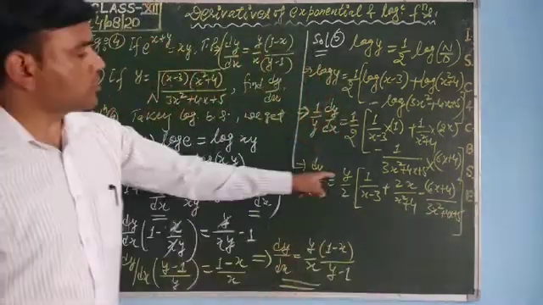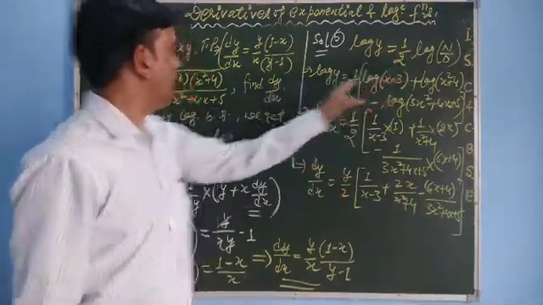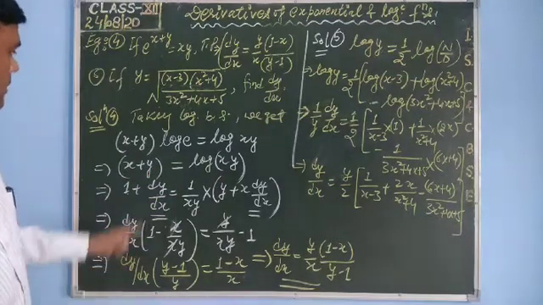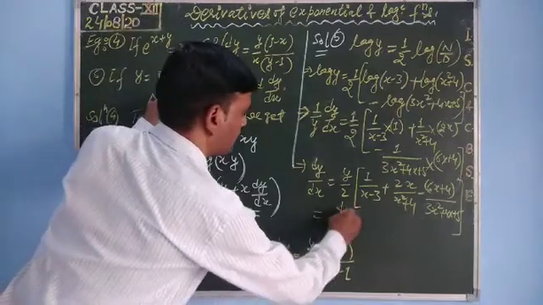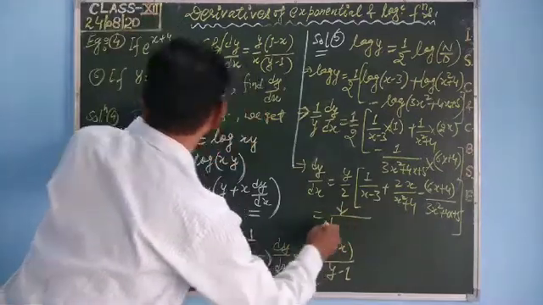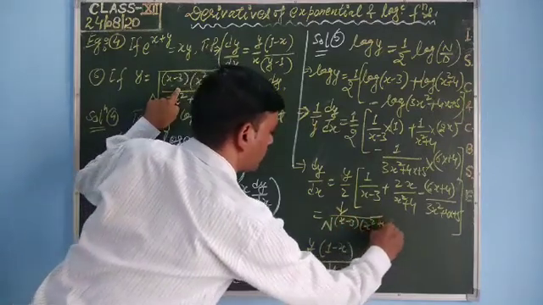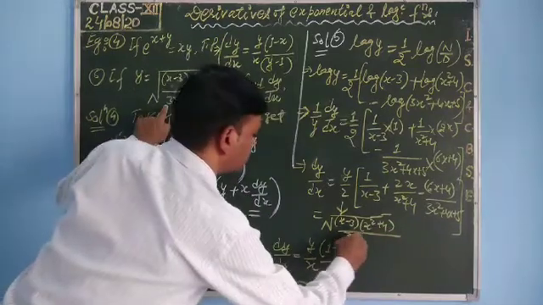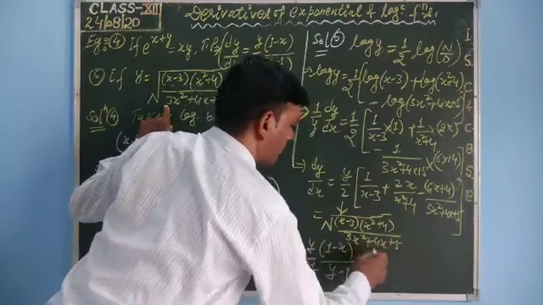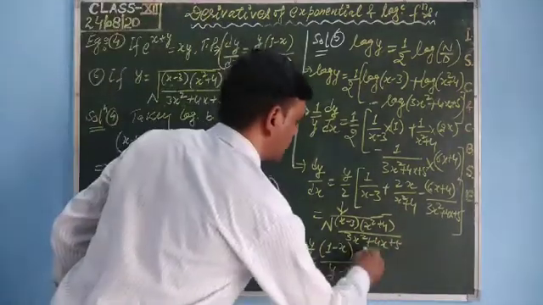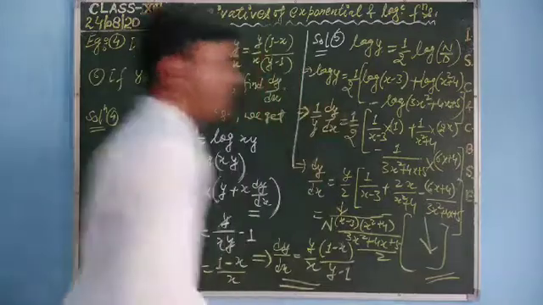Now student, at the last you have to replace this y with the original value given in the question. In place of y you put under root of (x minus 3)(x square plus 4) upon (3x square plus 4x plus 5), and the rest of the things remain the same upon 2. This is the required answer.